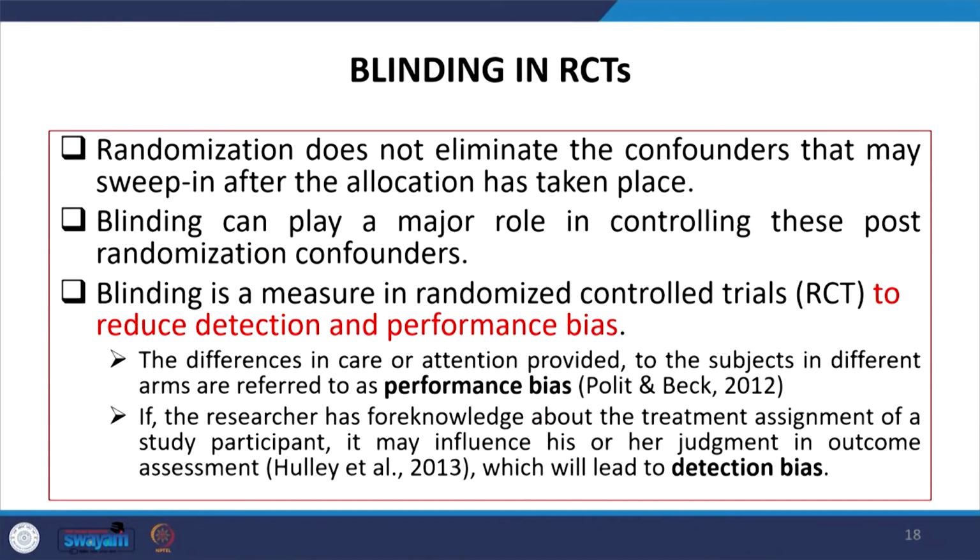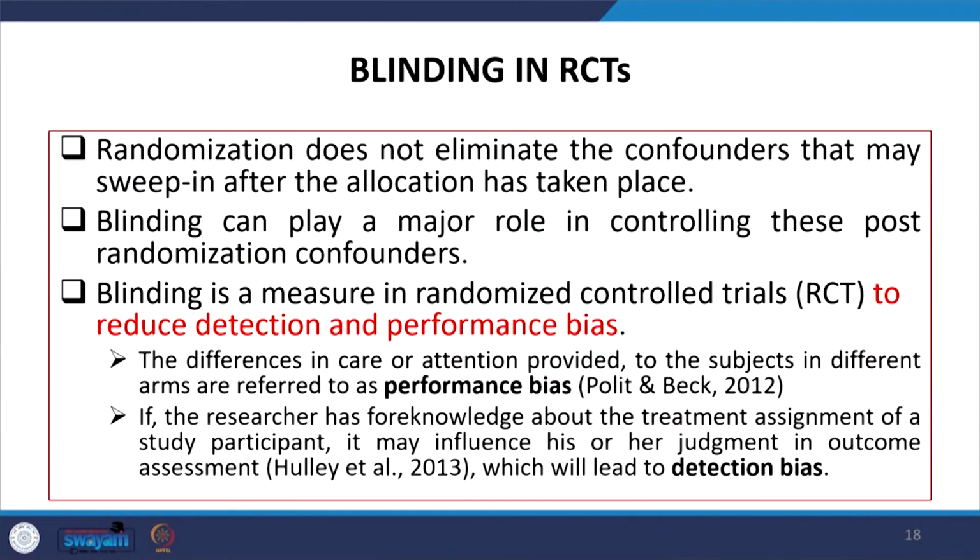What about blinding in RCTs? Randomization does not eliminate the confounders that may sweep in after the allocation has taken place. So, the confounding variables may have also impacted the results.